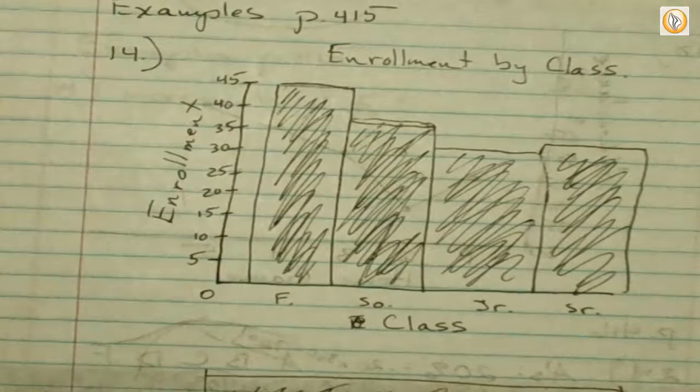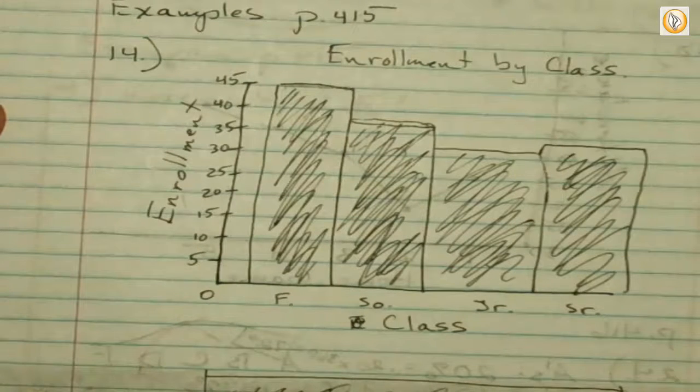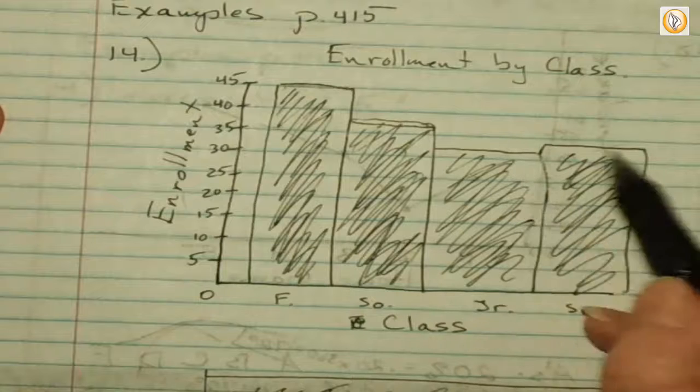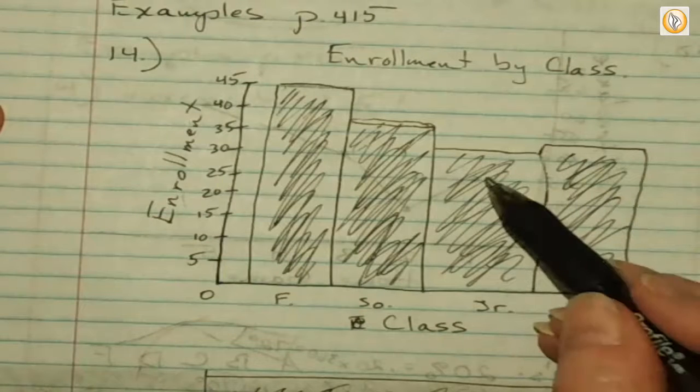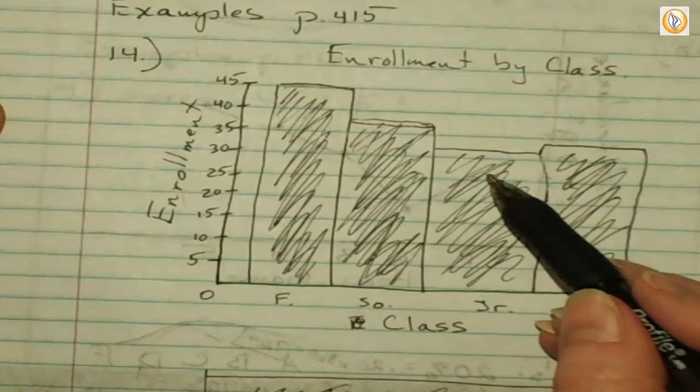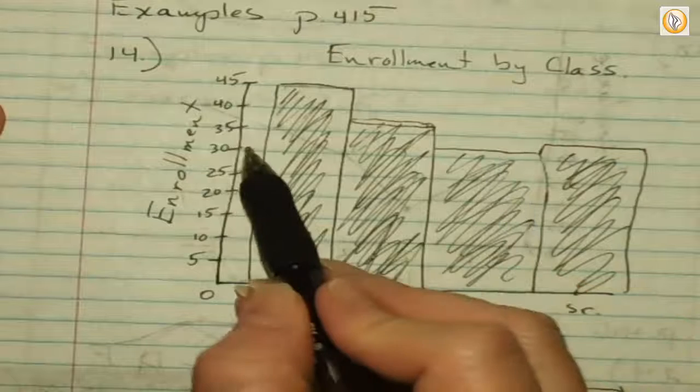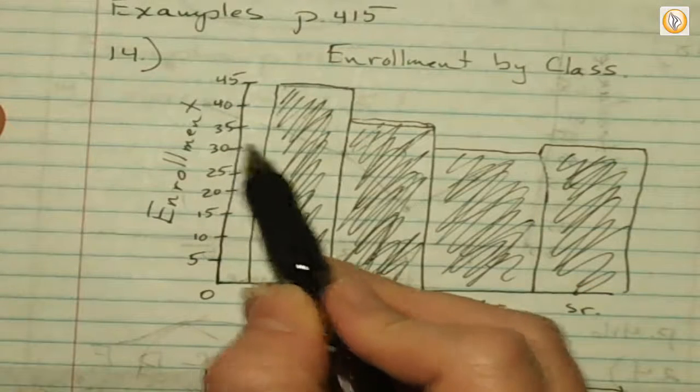Does everyone see that? Look at your book and know where to put all this stuff, and know why I put the bars where I did. Junior, there's 32 juniors. So 32 is somewhere between 30 and 35.